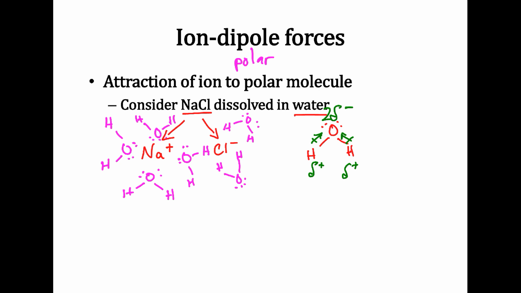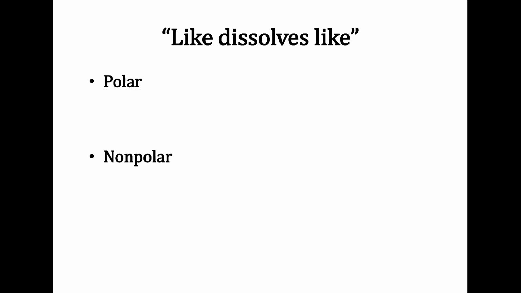So how do we know when things will actually interact with each other? How do we know that salt dissolves in water, but salt doesn't dissolve in oil? How do we know that ethanol dissolves in water, and sugar dissolves in water, but sugar doesn't dissolve in oil? Well, you may have heard of this saying, like dissolves like.